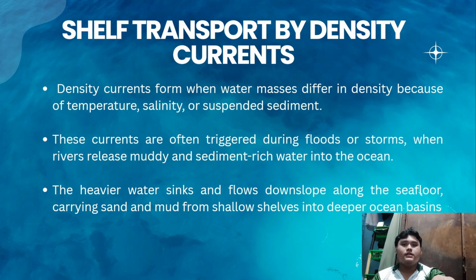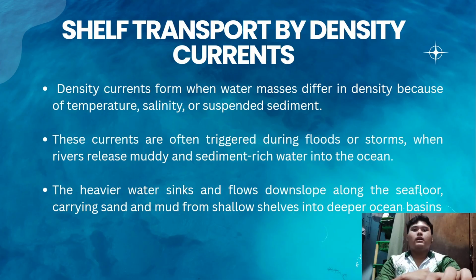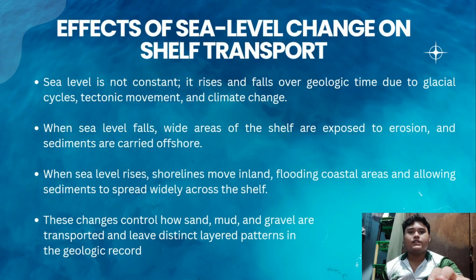These currents are often triggered during floods or storms, when rivers release muddy and sediment-rich water into the ocean. The heavier water sinks and flows downslope along the seafloor, carrying sand and mud from shallow shelves into deeper ocean basins. Our next slide is the effects of sea level change on shelf transport.